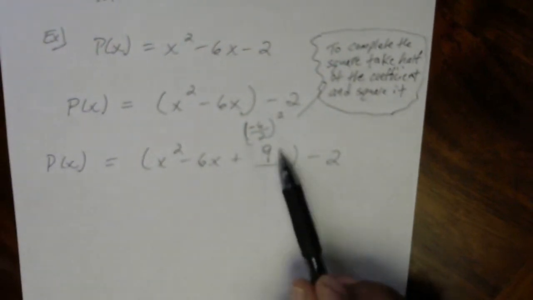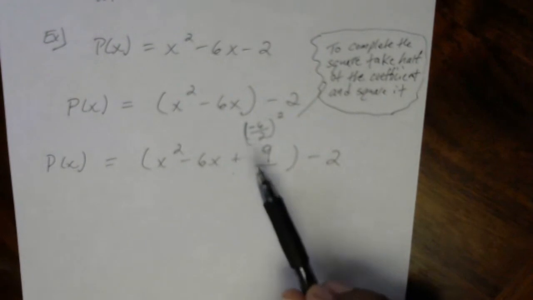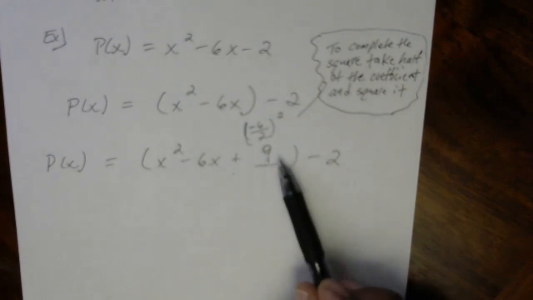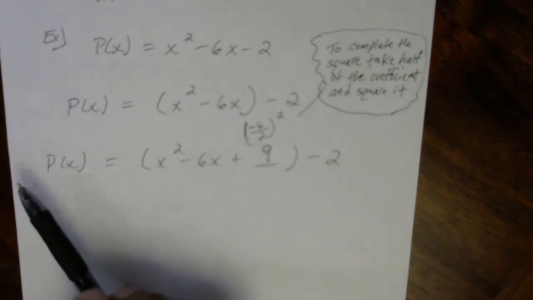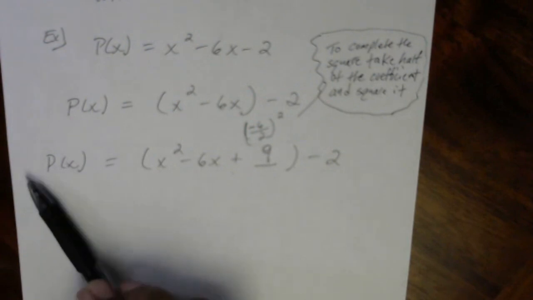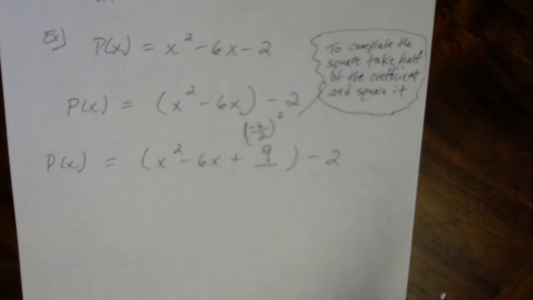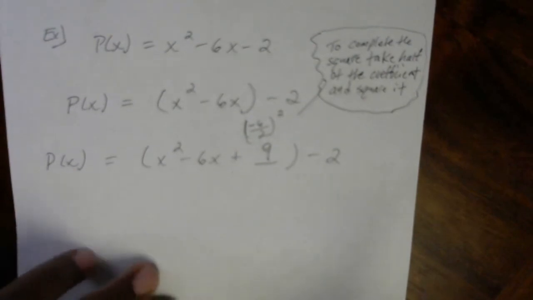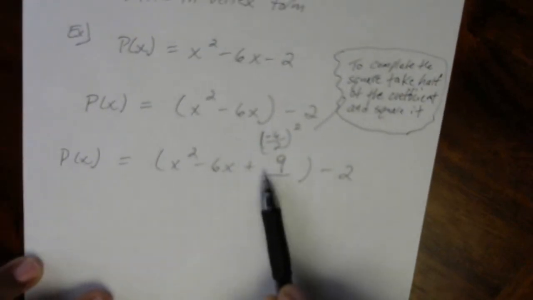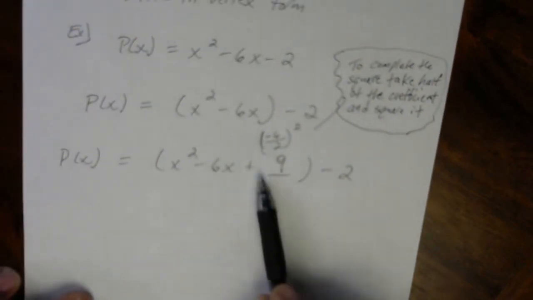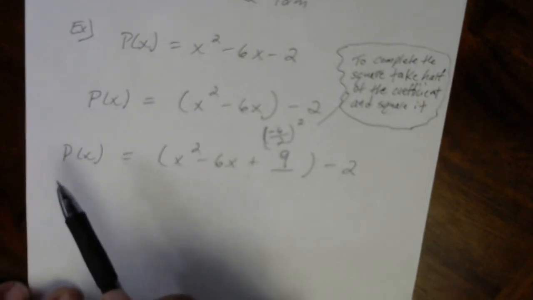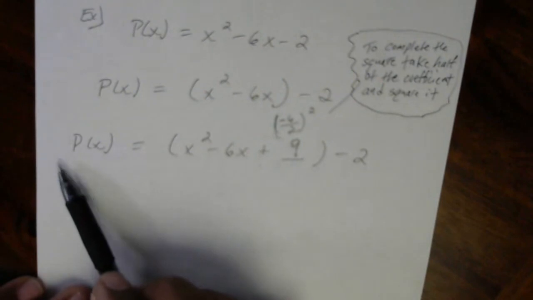Well, the properties of equality tell us whatever we do to one side, in order to maintain equality, we must do the exact same thing to the other side. So since I added 9 to this side, I must add 9 to the other side.